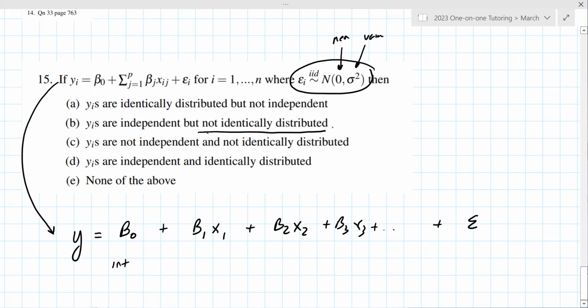I think the reason they're saying that is because the error i is N(0, sigma squared). I'm not sure what this IID refers to. It's like an independent random variable, I believe. Okay, and you're sure it's B? I'm sure it's B. Let me just do a quick search to see if I can find any more information that might be useful.